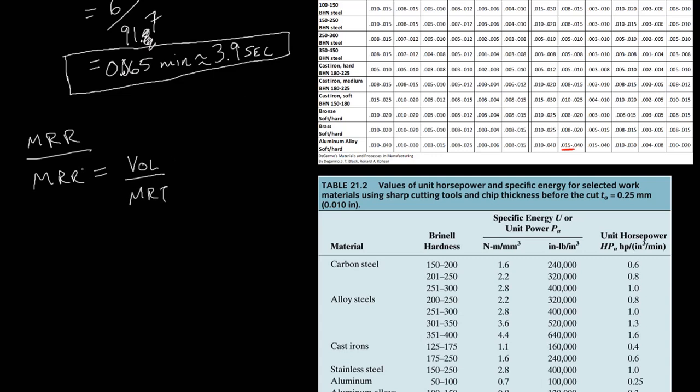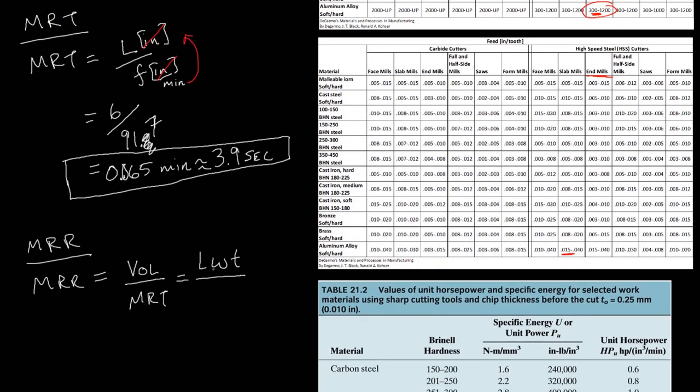So MRR. Volume is a fairly easy calculation. That's our length times our width times our thickness over MRT. And MRT is actually L over F. So again, we can kind of do some things here where we could just plug this number into here.